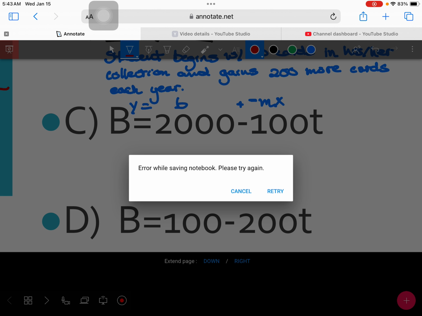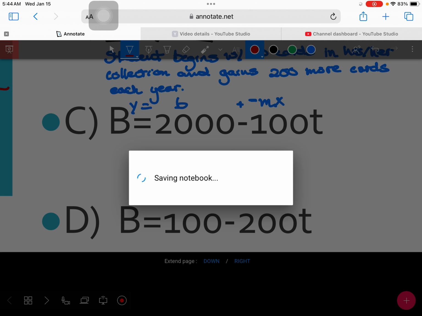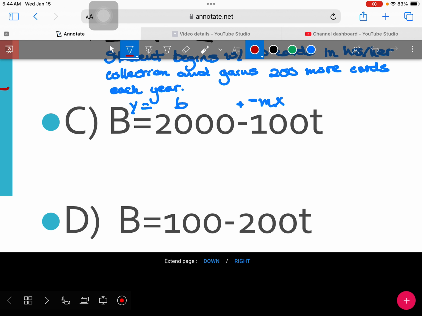And how would you lose baseball cards? I mean, you could literally lose them, but that's not very likely. But perhaps they are giving away or selling off 100 cards each year. So that if they maintain this same linear function, then at some point they will get down to 0.